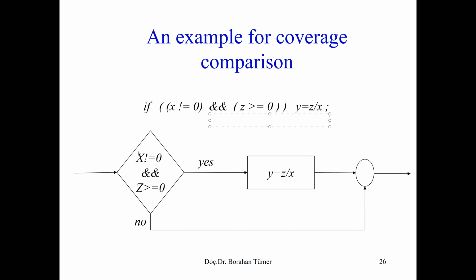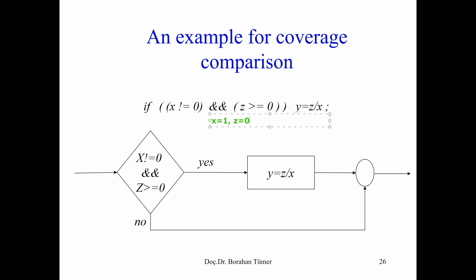So for this multiple condition to be true, x must be equal to something other than 0, which may be 1, for example, and z must be greater than or equal to 0, for example z equal to 0.